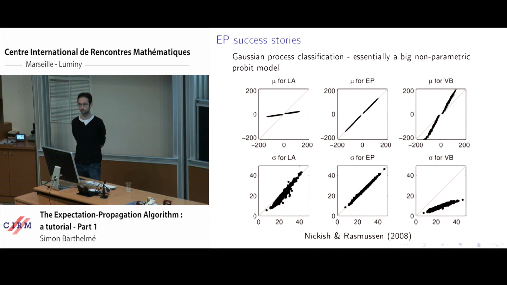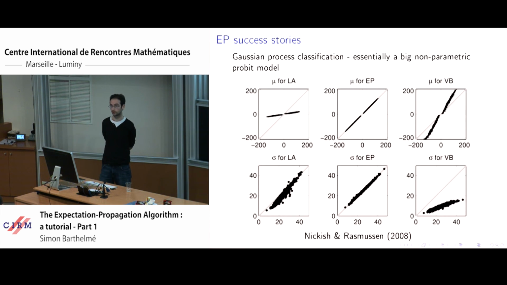It's semi-parametric, very similar to adding splines. So it's non-parametric logistic regression. And there's a paper from 2008 by Nickisch and Rasmussen, which is very well cited because they found surprising results.